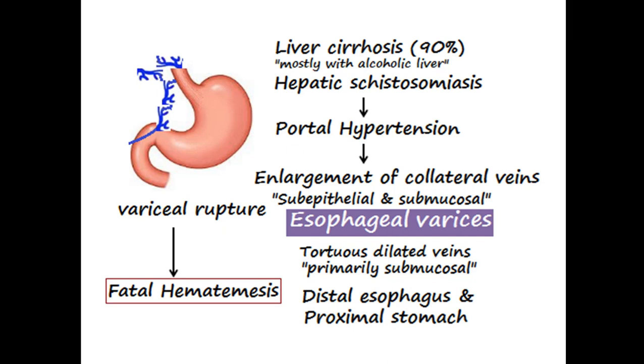Now, as long as these variceal veins are closed and intact, they will give little problem. But if the portal hypertension is severe, if the liver disease is severe, if the liver cirrhosis is advanced, we can get a very serious complication.